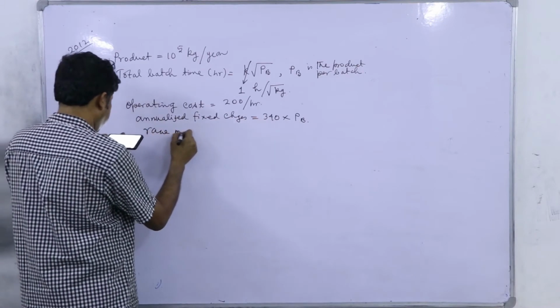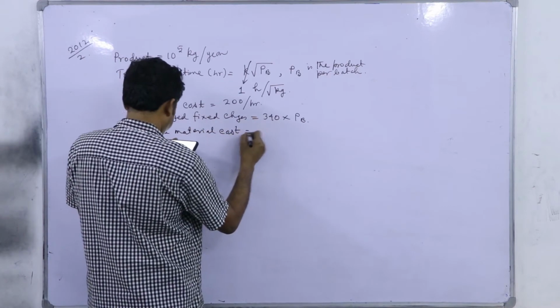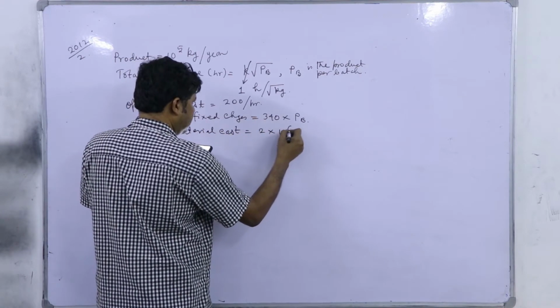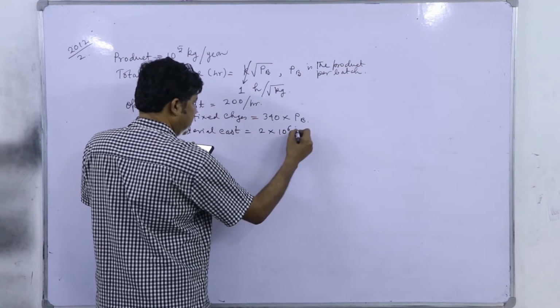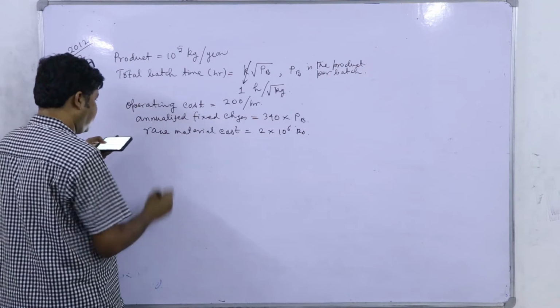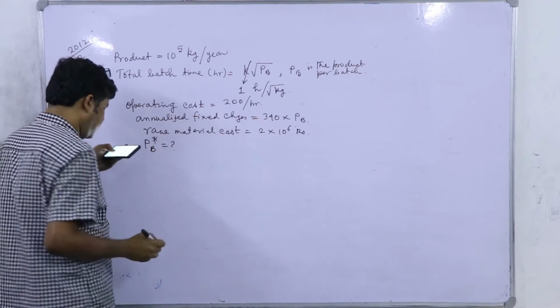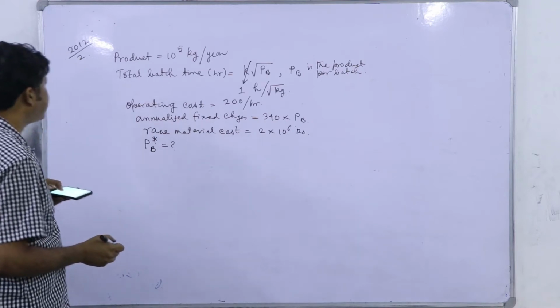Raw material cost is 2 into 10 to the power 6 in rupees. The optimum size in kg for each batch. So, we have to find out the optimum size for each batch.